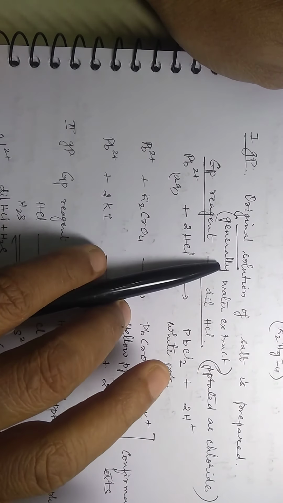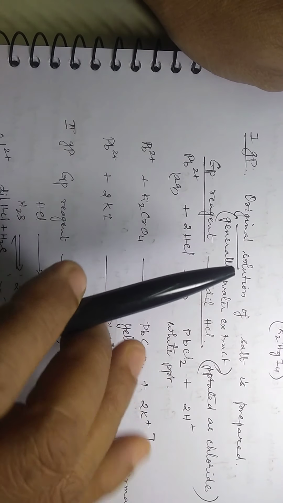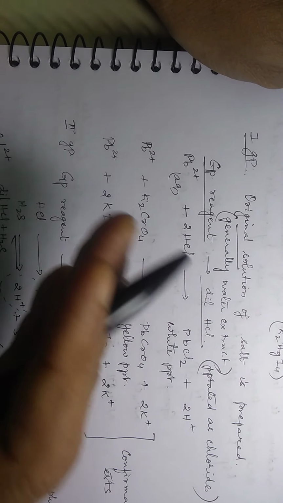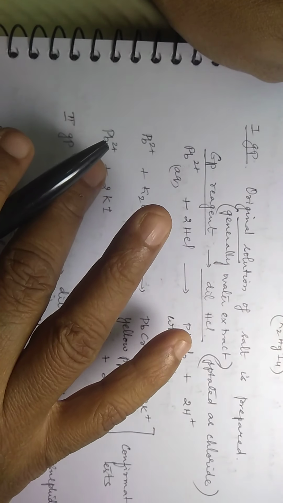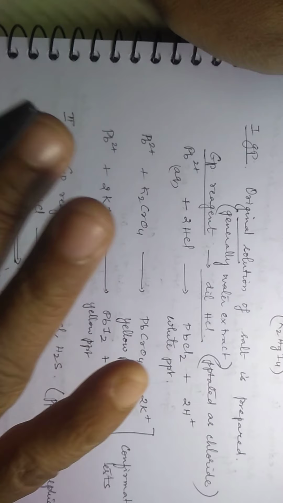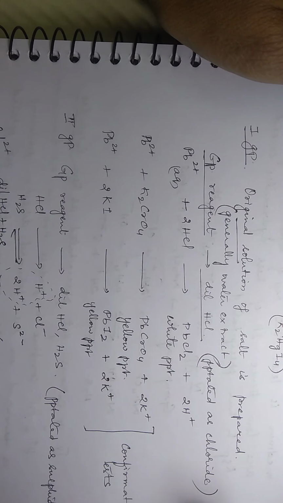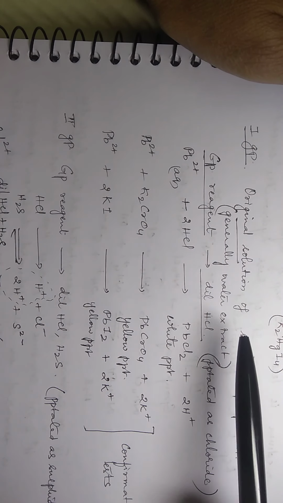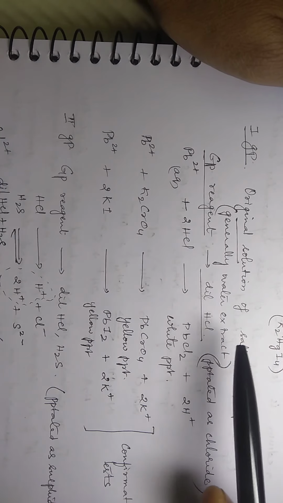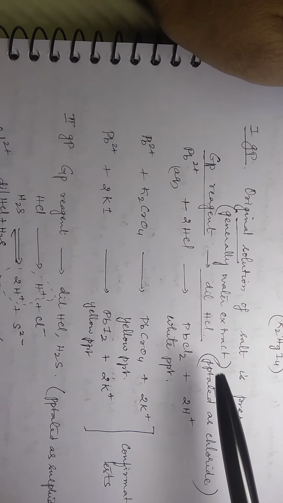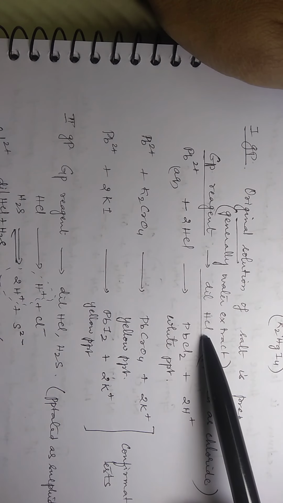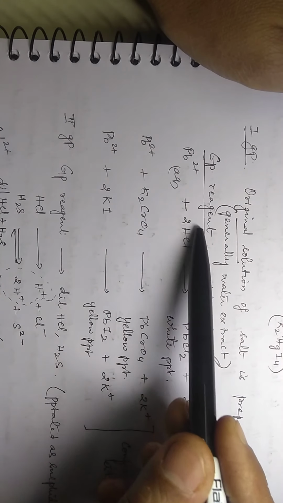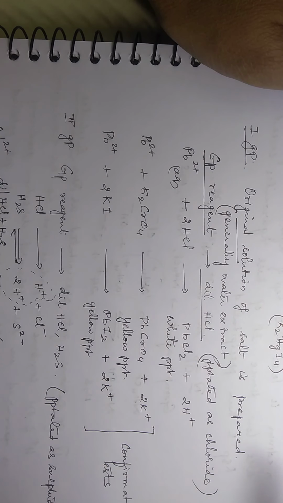Otherwise, this original solution can also be prepared in dilute HCl or dilute HNO3. But for you, you will be given only water soluble salts, so there is nothing to worry. Water extract is enough. Now, which is the group reagent there? Dilute HCl. You prepare the water extract of the salt and treat it with dilute HCl.